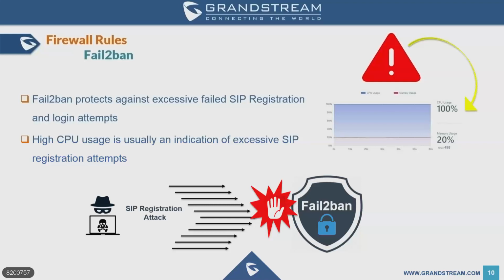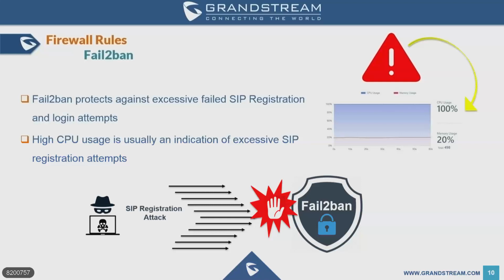So if you go to the UCM and you configure the fail to ban with 3 attempts, when the UCM receives SIP registration from the same IP and 3 times it fails to register, the UCM is going to use fail to ban to block that IP from registering again. You can configure the ban period by minutes, or you can ban that person or that IP address permanently. And we're going to go through the web interface of the UCM to explain to you how to configure it.